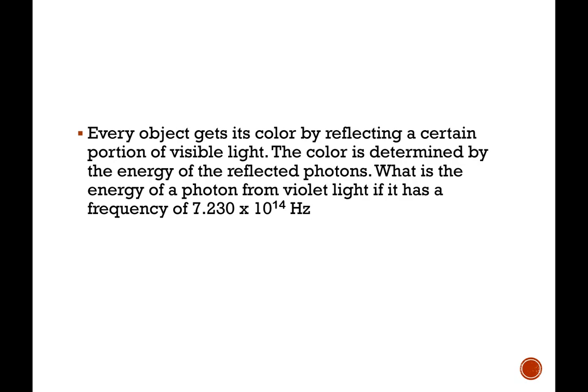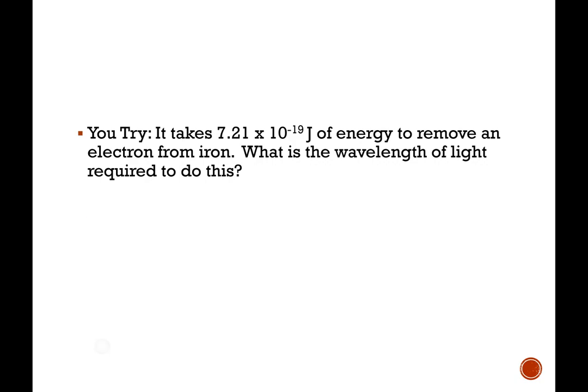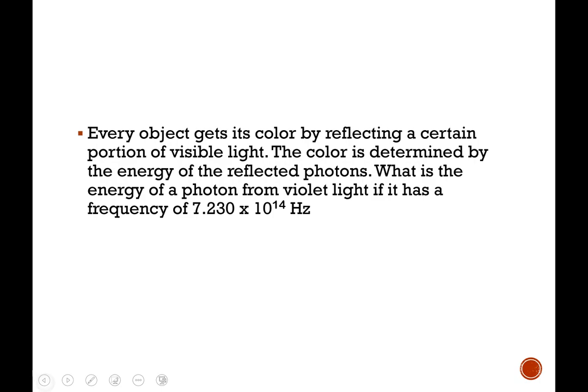Every object gets its color by reflecting a certain portion of visible light. That color is determined by the energy of the reflected photons. So if I have violet light that has a frequency of 7.230 times 10 to the 14 hertz, and I want to calculate the energy, I can just use my energy formula, E equals hv.